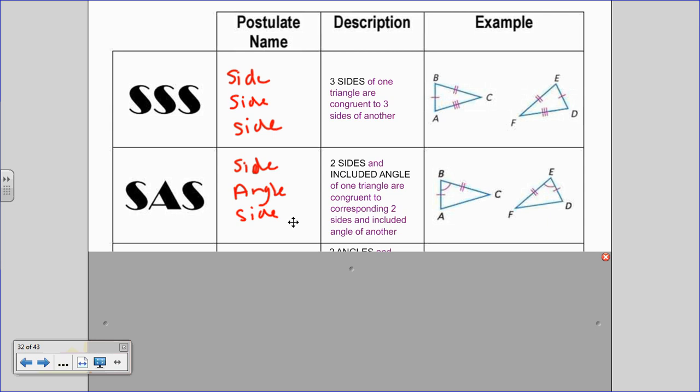So two sides and an included angle of one triangle are congruent to the corresponding two sides and included angle of another. So in our example, our two sides are BA and BC, and you see angle B is in between those two sides. On the other triangle, it's FE and ED, where angle E is between. So that's what it means to be included. You're in between the two given sides.